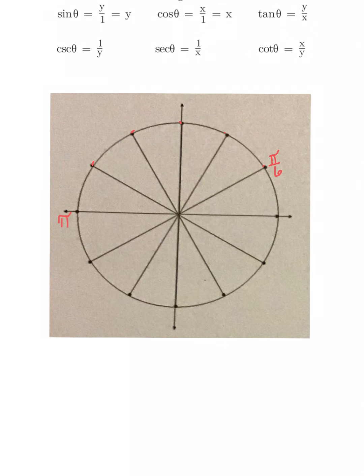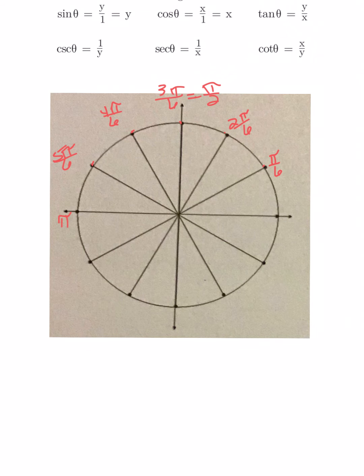The second line would be 2 pi over 6. The third line would be 3 pi over 6, but that equals pi over 2. The next line would be 4 pi over 6, and then we'd have 5 pi over 6, and then recognize that pi could be thought of as 6 pi over 6.